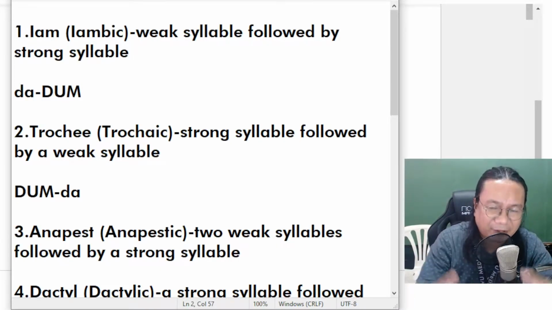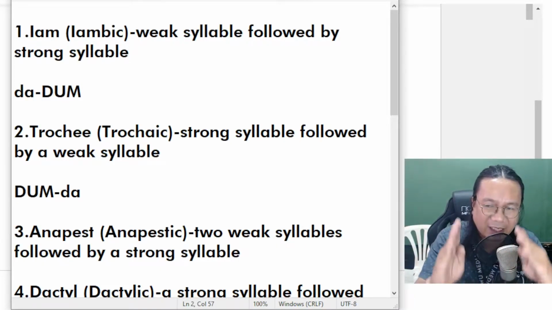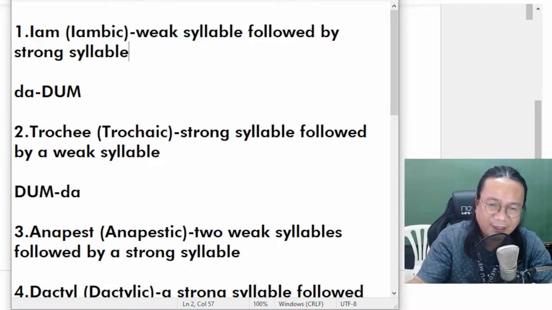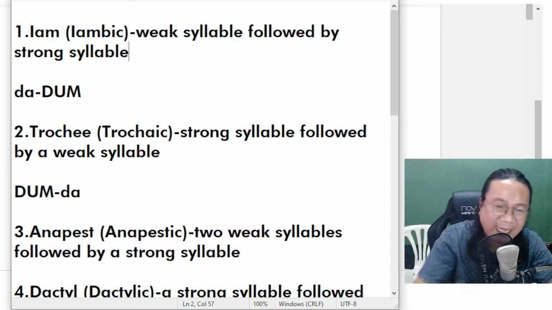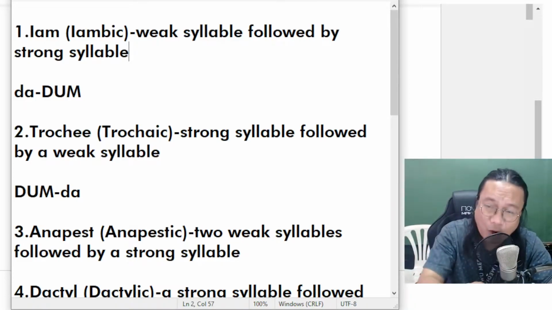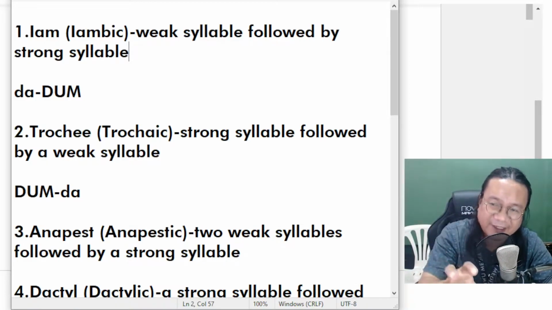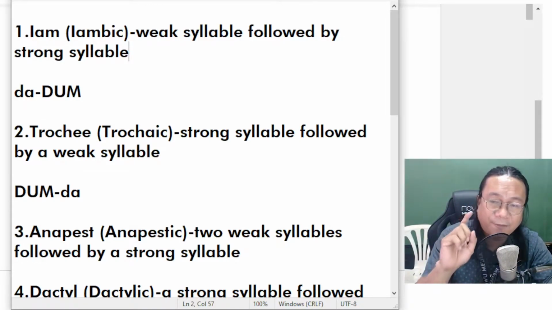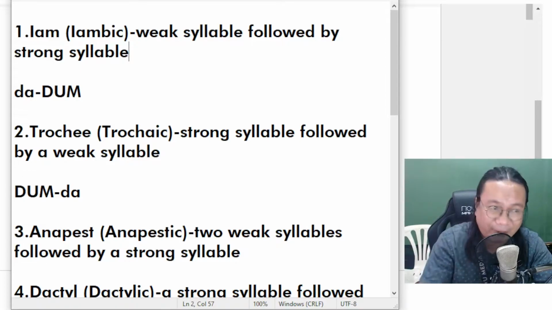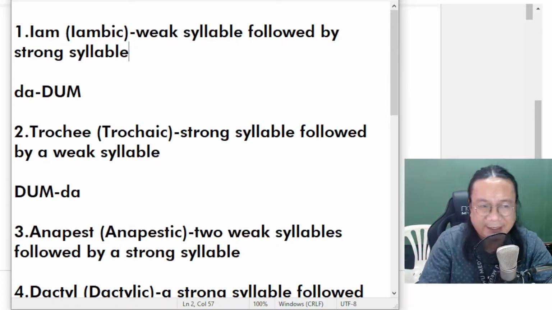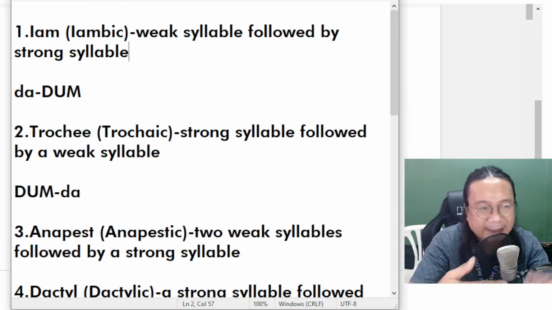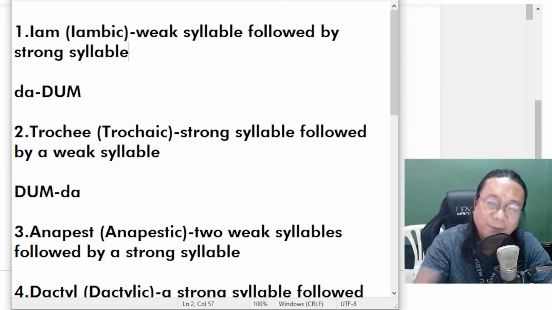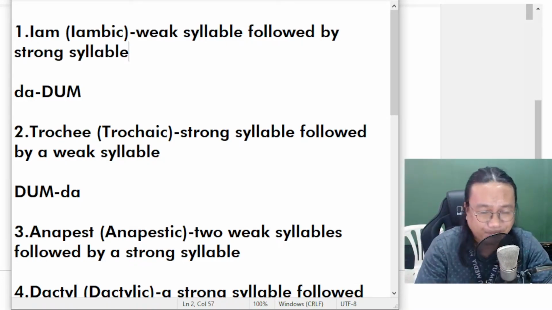You'll know later, paano natin i-arrange ang foot into the poem. So the poem consists of lines, and then the lines of the poem consist of feet, or yung mga foot na yan. But these are the different types of feet. The first one is iambic. When we say iambic, this is a weak syllable followed by a strong syllable.